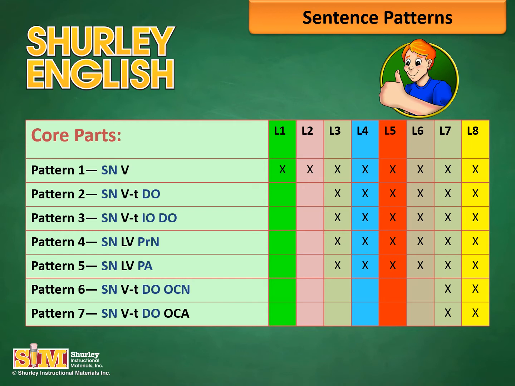We teach them to label and classify the core parts by saying subject, noun, verb, pattern 1. The blue labels illustrate the noun jobs in each sentence pattern, and students will learn about them as the curriculum scaffolds. Let's take a quick look at the noun jobs students will learn.